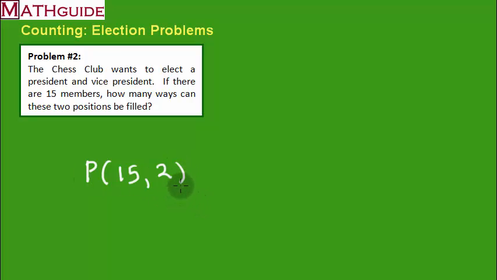And order matters because it's president, vice president. And again, you throw this into a calculator and it'll give us the answer. So there are 210 ways to do this. Okay, that's all there is to it. Let's go on to our third problem.